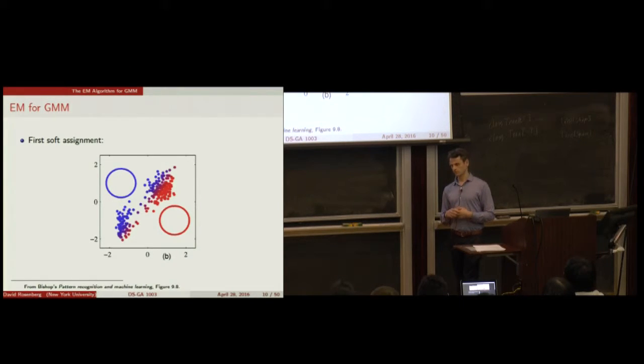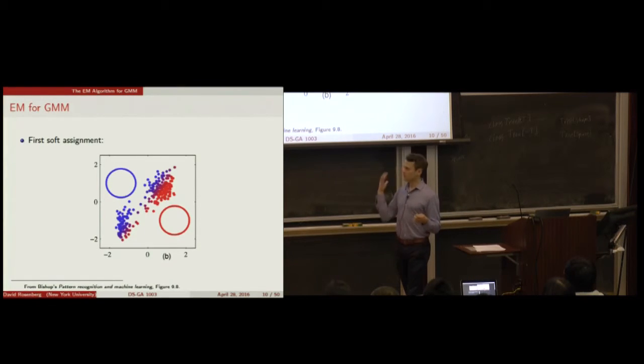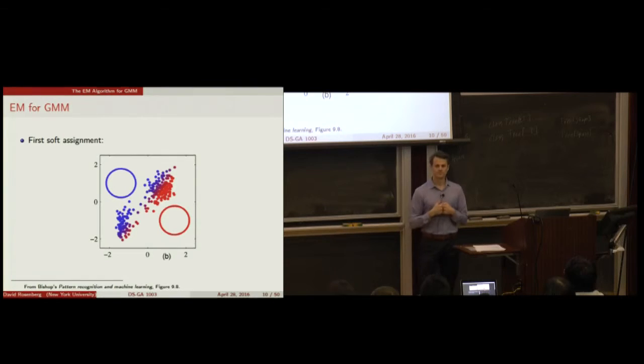Yeah, I mean the color. The probability of being in the blue cluster versus the probability of being in the red cluster. So you can imagine that if the probability of being in blue was 30%, then we took 30% blue and 70% red and made the color. Oh, okay. Yeah. Okay.